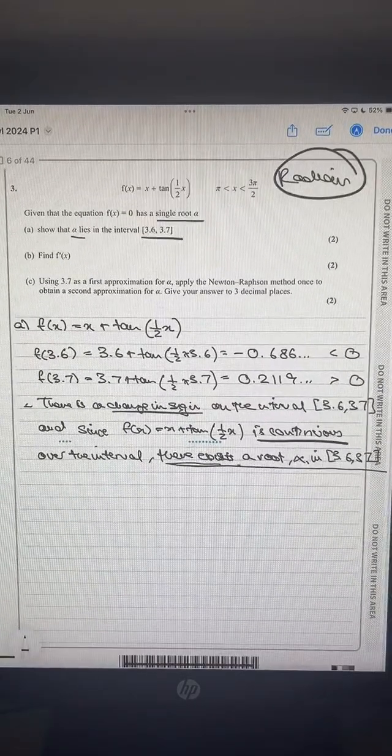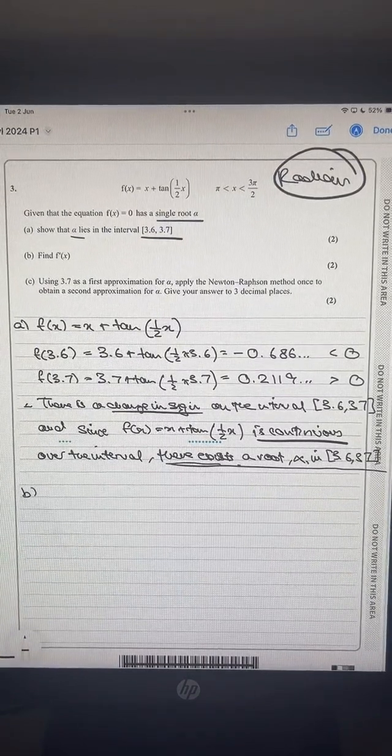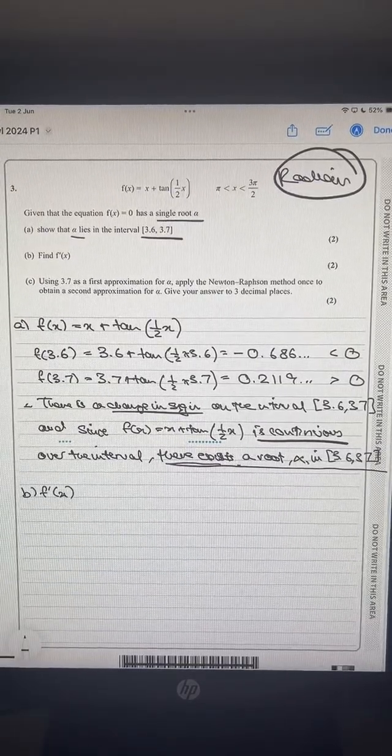Awesome, no worries, KXF. Then we need to find the derivative of f of x. So very nice little differentiation question. It's a mini differentiation question here. So f dash of x is equal to, if we differentiate x, we should know that that is 1. Don't forget the basic ones.